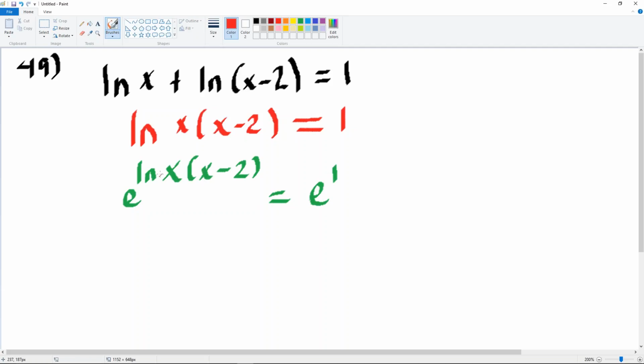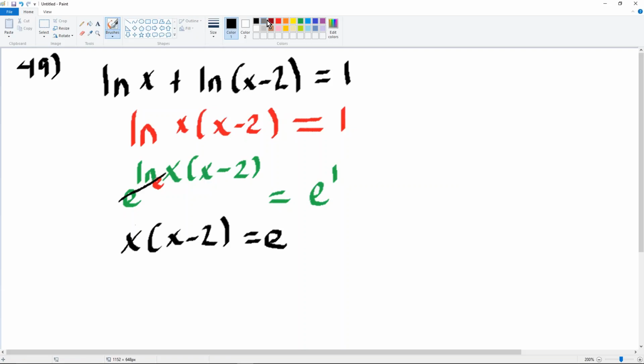So here, even though you don't see it, all natural logs have a base of e, and that property says that it's as if all of this goes away, leaving you just with x times x minus 2 equals e to the first power. That's just e.